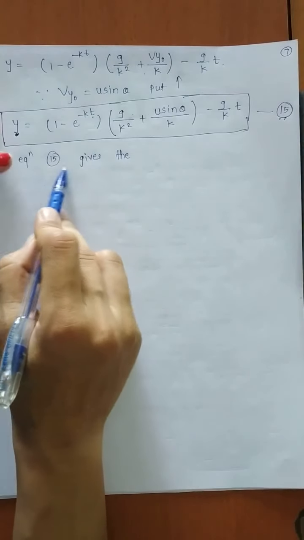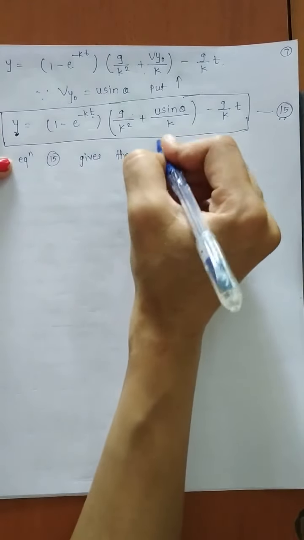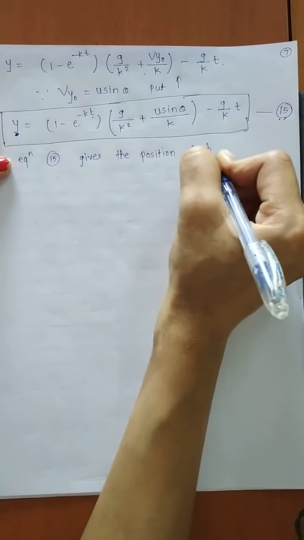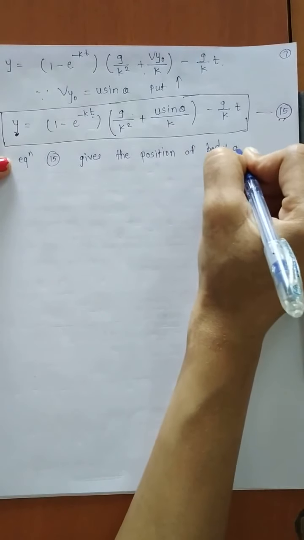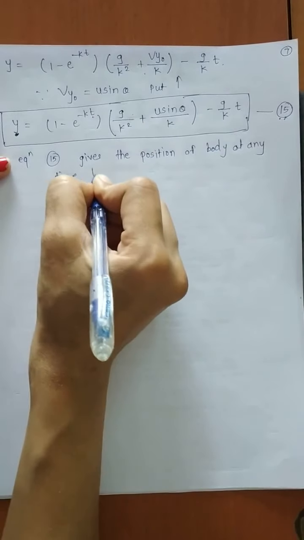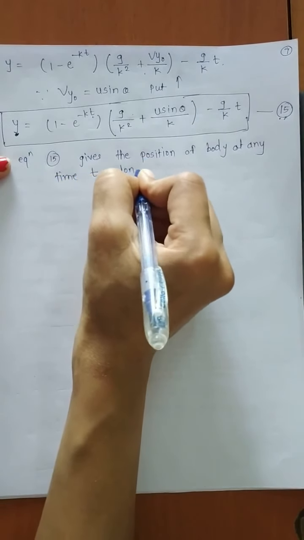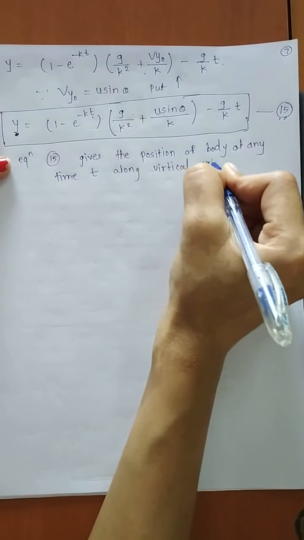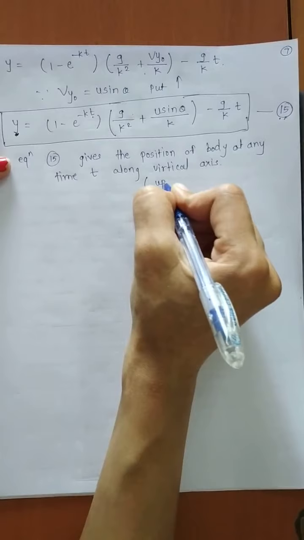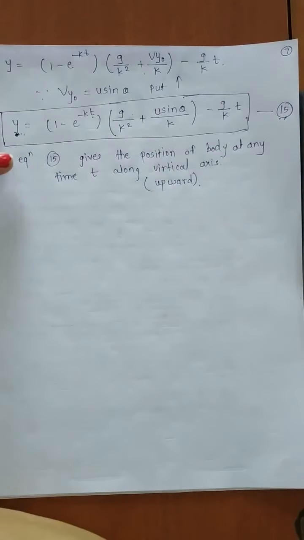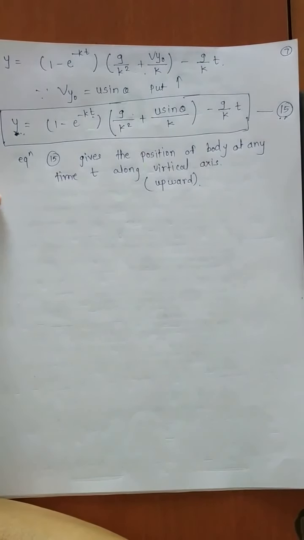Okay, so equation 15 will give me the position of the body at any time t along the vertical axis, and especially when the object is moving vertically upward. At that time we will get this equation of motion. Okay, so this is nothing but the equation of motion.